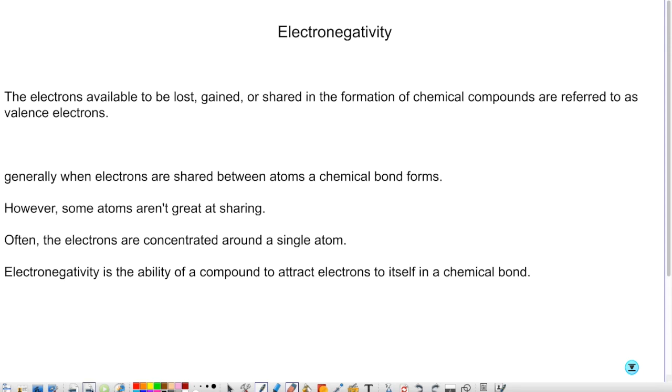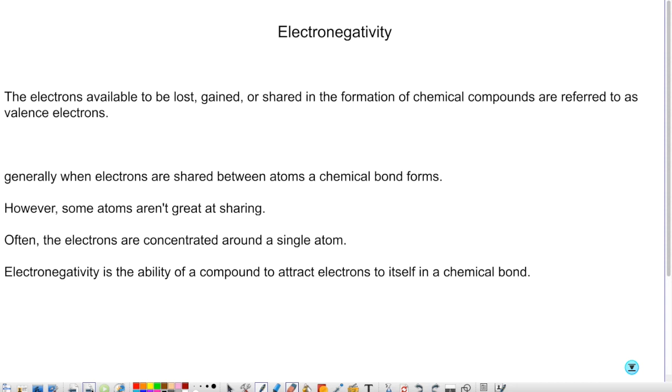Okay? The last thing that we're going to talk about is electronegativity. So one of the things to keep in mind is that when we're talking about these ions, these elements don't really exist in isolation. They're not like single elements in a vacuum. You can do that, but that's not generally how it happens. In general, electrons will be lost by one atom and then maybe gained by another atom.